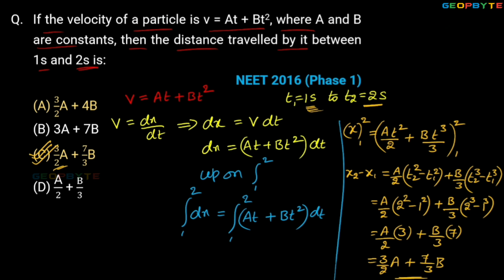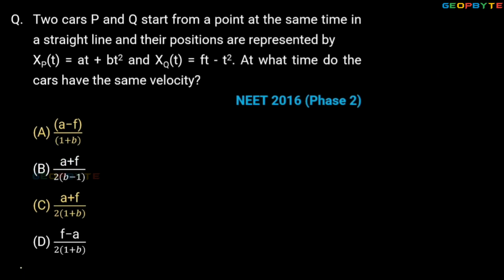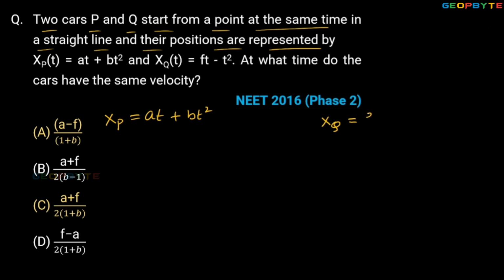Understood clearly? Yes. Similarly, let us take another important problem asking like this. Two cars P and Q start from a point at the same time on a starting line, and their positions are represented by the position of P in terms of time equal to at plus bt square, and the position of Q in terms of time is ft minus t square.